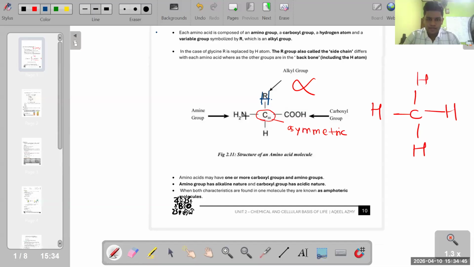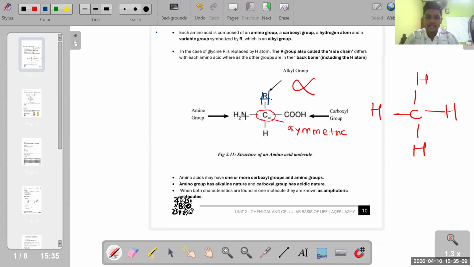Is that carbon asymmetric now? No. Why? What is the reason? Two groups are identical.